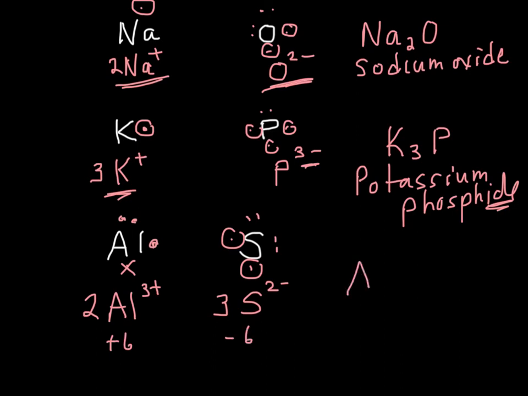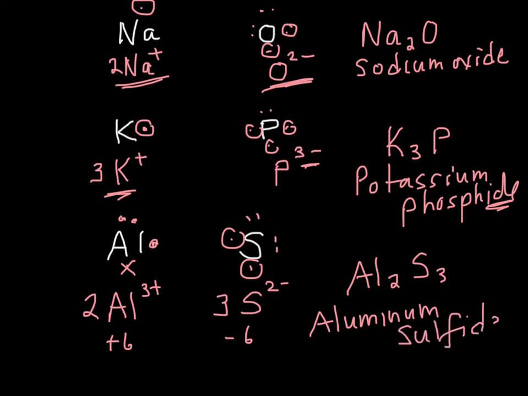So it becomes Al2S3. So aluminum, okay, and instead of sulfur it becomes sulfide. So aluminum sulfide. So that's how you learn how to name really simple ionic compounds, and that'll get us started for when we do the more complicated ones later on.